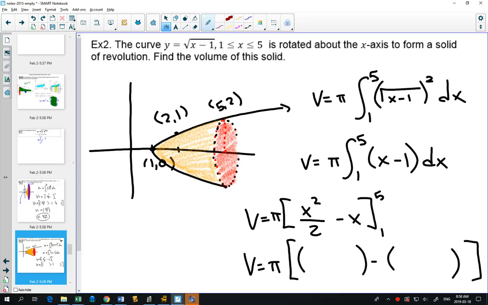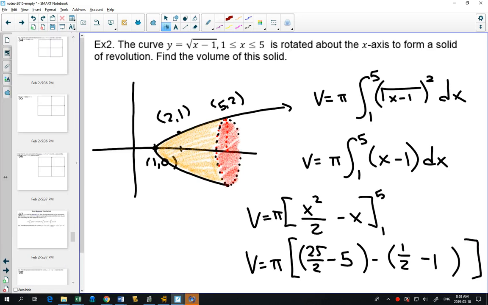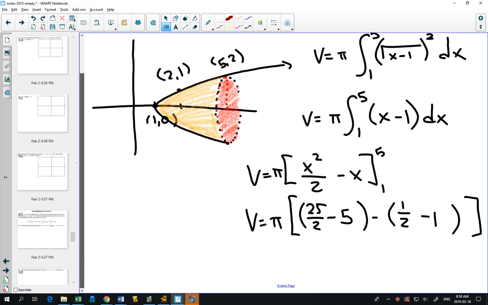So plugging in 5 will give us 25 over 2 minus 5. Plugging in 1 will give us 1 over 2 minus 1. Mental math, what's the fastest way to do this in our head?